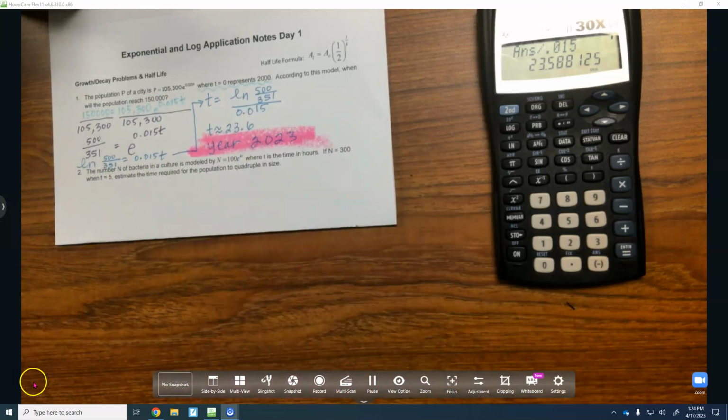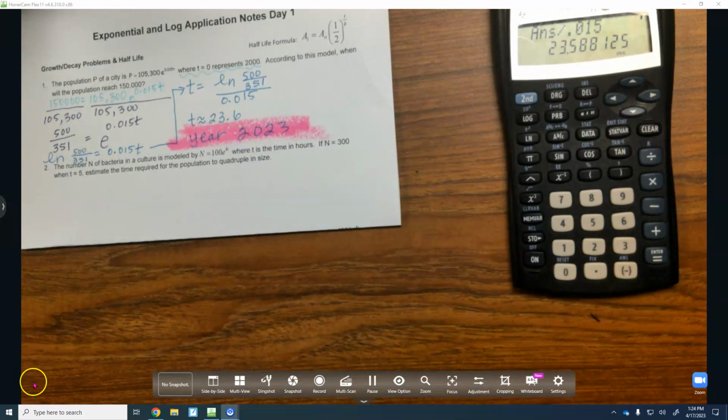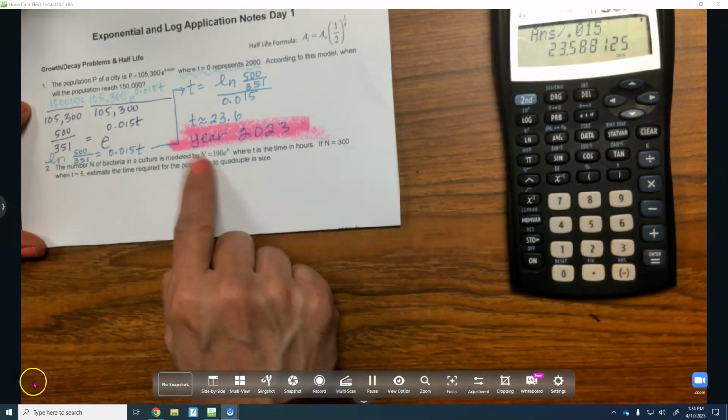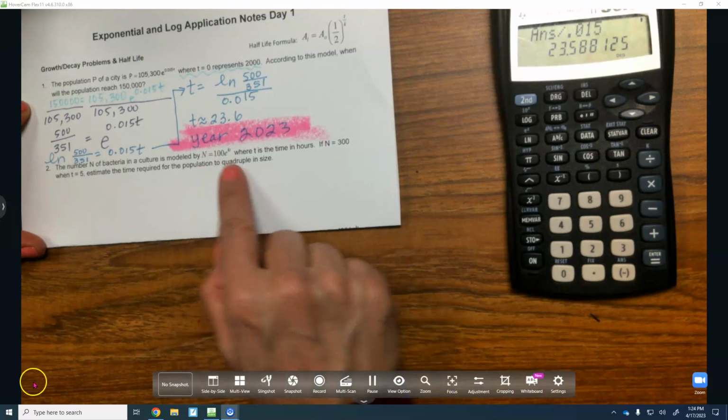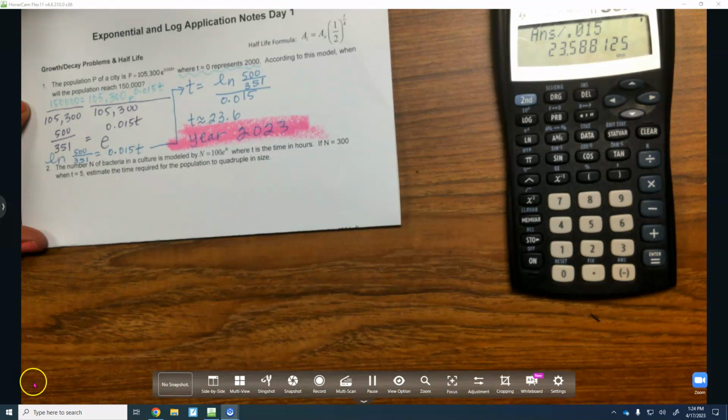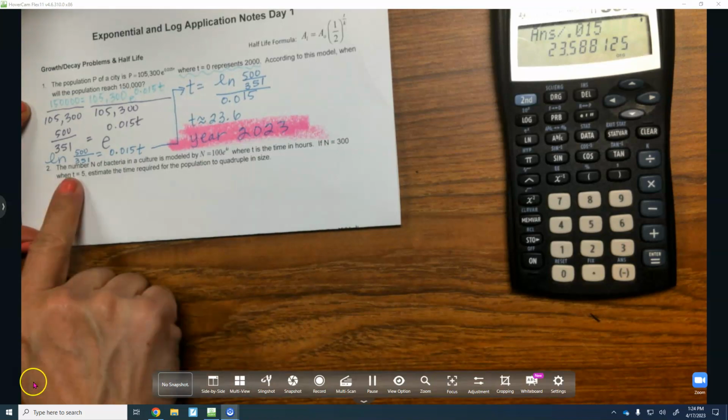So let's go ahead and take a look at number 2. Number 2 is about bacteria. All right, so for problem number 2, we know that we are going to have bacteria modeled by the total number modeled by this function, where t is the time in hours. So we're given the total of 300, and we also know the time.